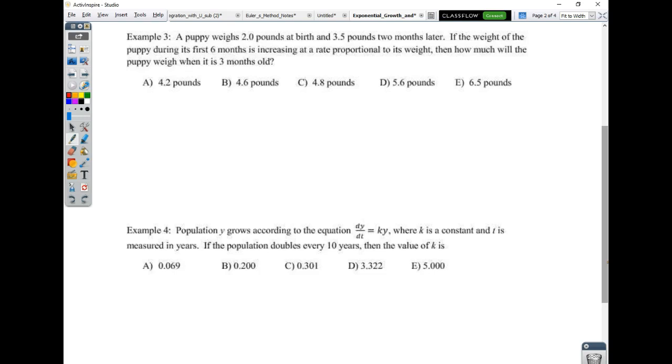How do I know that in the context of the problem? The weight of the puppy during its first 6 months is increasing. Well, that would be true. You really do want to know that the weight is proportional to the weight.